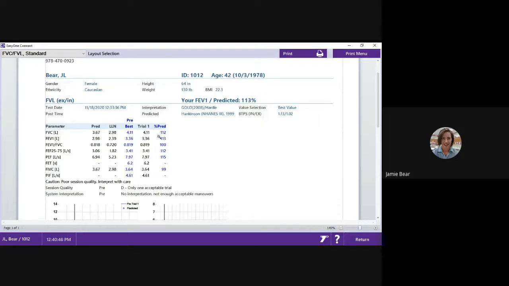If either one of these values is low and this number is also lower than 70%, that indicates that the patient has an obstructive pattern in their lungs. If the patient has one of these two values being low, but the FEV1 over FVC is greater than 70%, that means the patient has a restrictive pattern in their lungs.